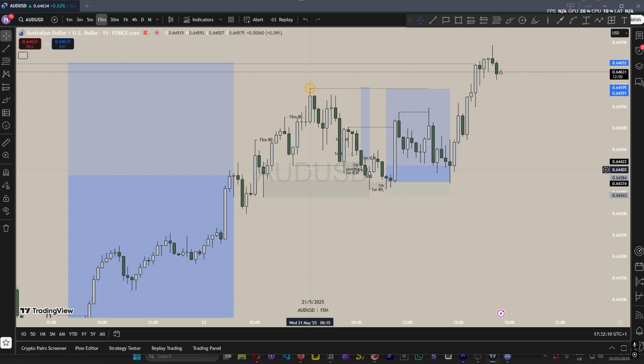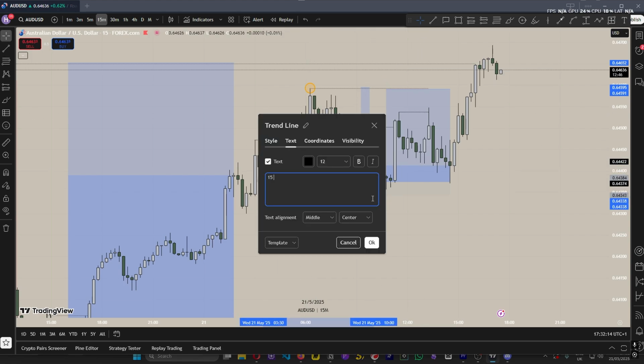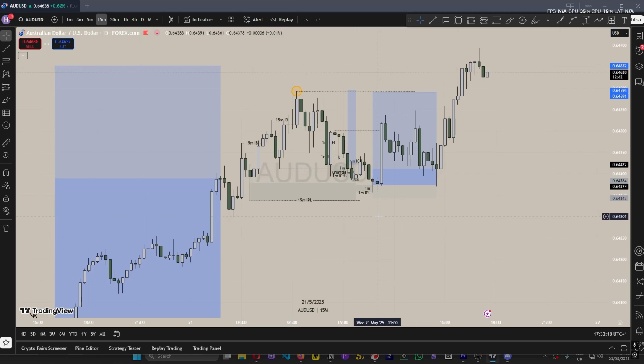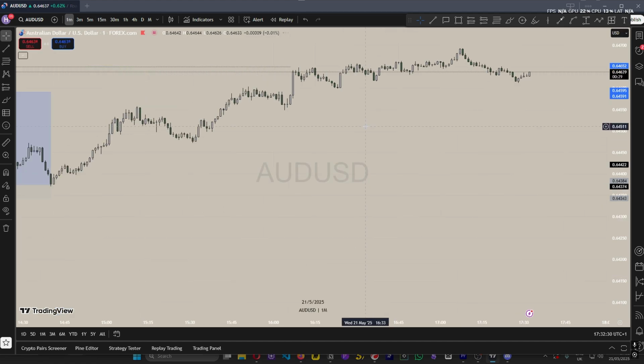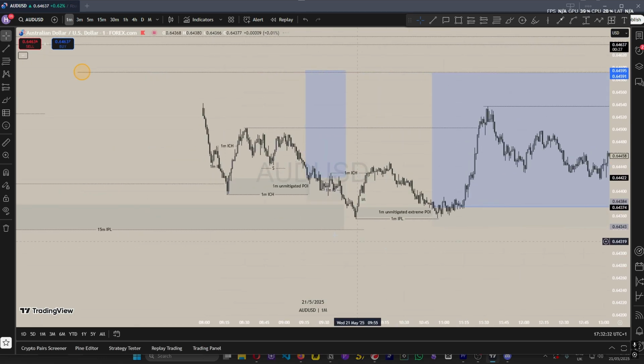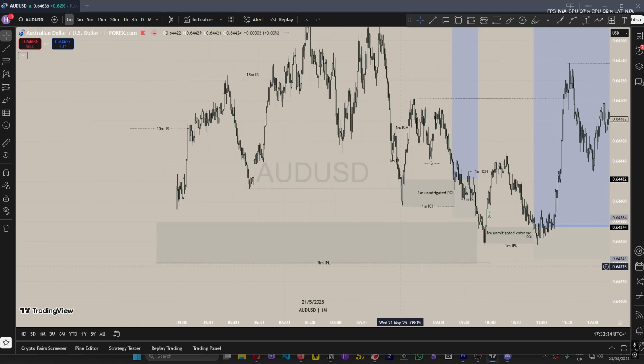But because everything else is aligned, it's going to be a lot higher probability than if you were just trading blindly. So this stuff is still high probability just because of the overall bias. Because if you're just trading the 1 minute without the 15-minute and hourly, then to be honest, you're just gambling, right?